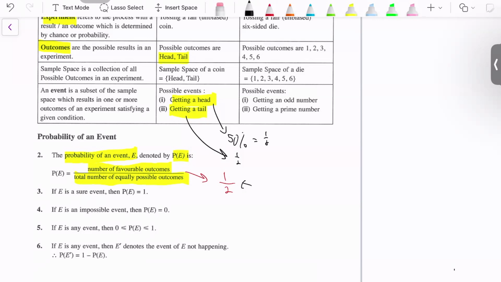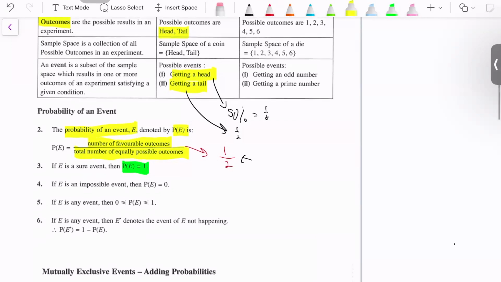Okay. So next, in an event where something is sure to happen, something that will always happen, the probability of the event will always be 1. So for example, the probability of you getting a head or tail when tossing a coin is definitely 1, because there are only two sides, either head or tail, and obviously getting either of those sides is definitely 1. Okay.